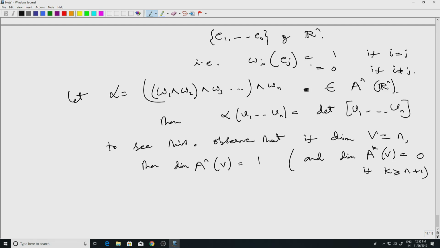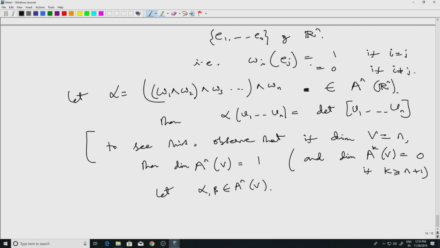So the point is that this computation is very similar to what we did earlier. Let alpha and beta belong to A^n(V). To say that a vector space is one-dimensional amounts to saying that given any two non-zero elements, one is a multiple of the other. So let's check that.